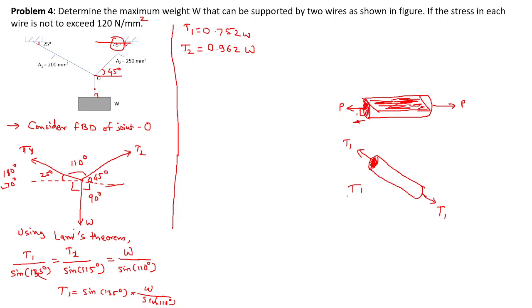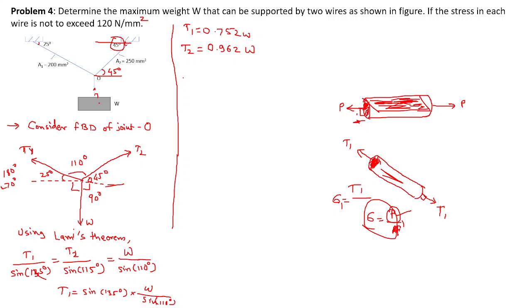For the sigma formula, what is the sigma formula? Sigma is P upon A, right? For that formula, if we take some P, then the A will be directly perpendicular to that P. So here is T1, and perpendicular to it we can take a cross section at A1. So we can find the stress of that wire only. We can't find stress of that W.